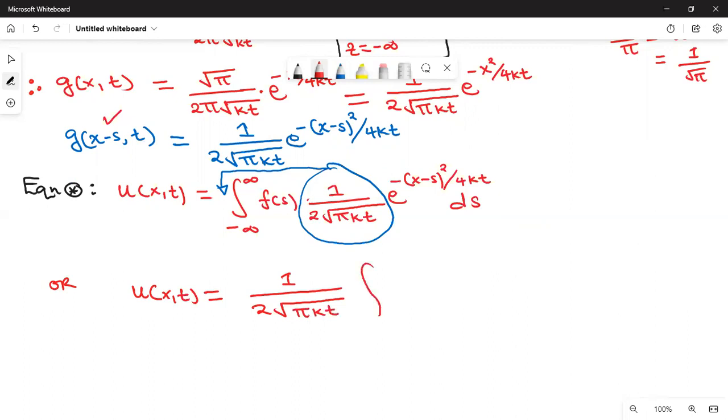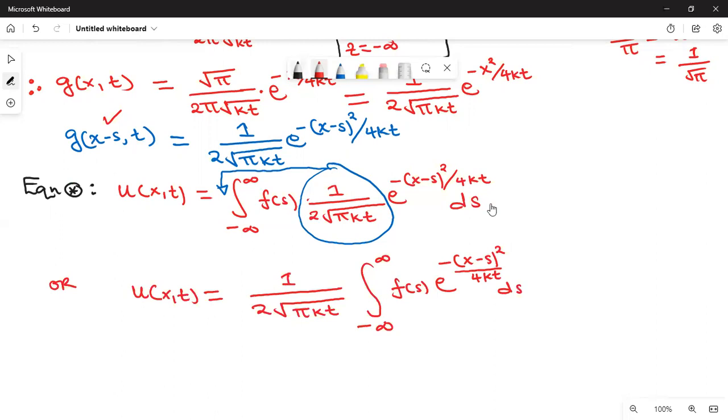Then the integral from negative infinity to positive infinity, f of s times exponential negative x minus s, squared, everything over 4kt, ds.